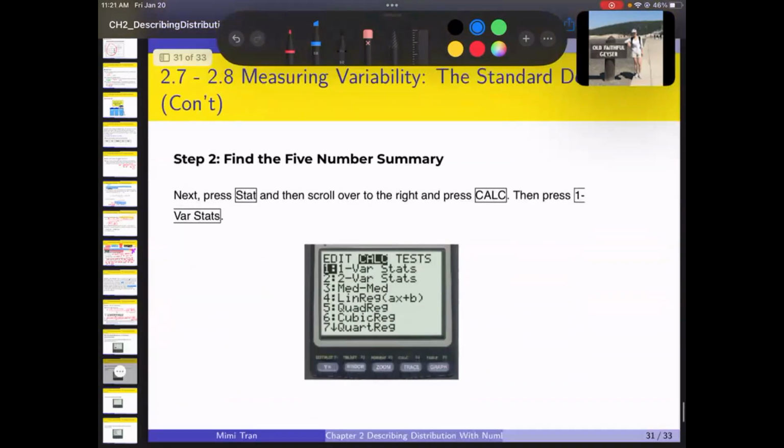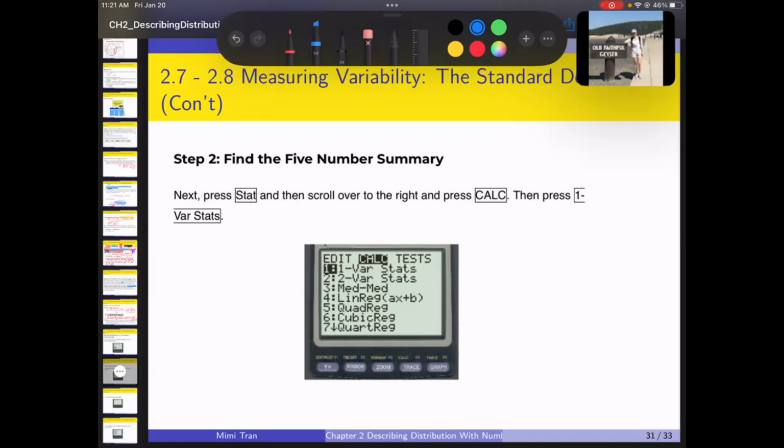Step number 2: press stat again, and then on the right side, press calc.